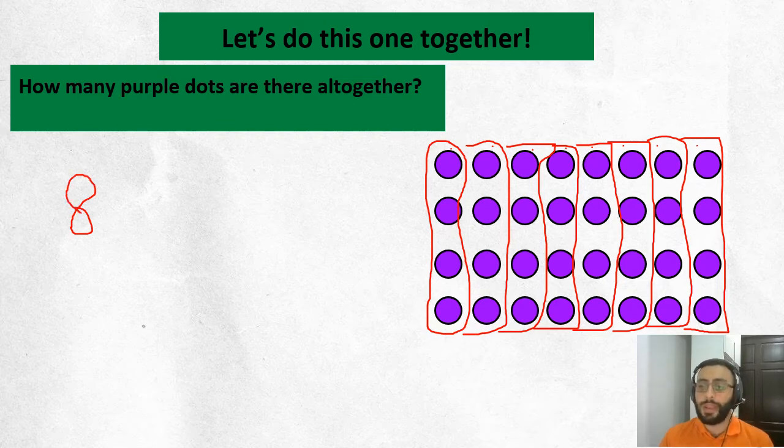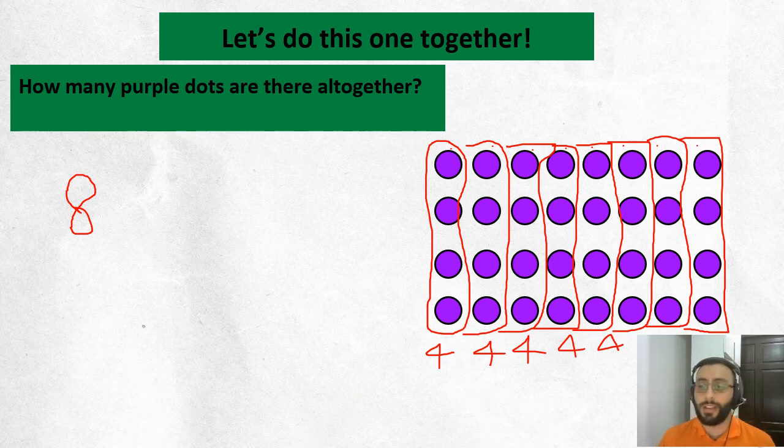Now, how many purple dots are there in each group? 1, 2, 3, 4, right? So there are 4 in each one. All of them have 4, right? So we can do this in repeated addition and say, hey, 4 plus 4 plus 4 plus 4. Oh, too long.